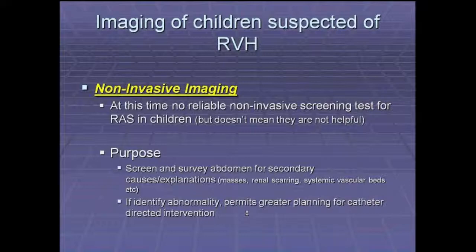The purpose of the non-invasive imaging test is to screen and survey the abdomen for other potential secondary causes or explanations, such as abdominal masses or renal masses, renal scarring, or other systemic vascular bed abnormalities. If you find those, then we have an explanation for the child's underlying hypertension. If we identify an abnormality of the renal arteries, great. It permits us greater planning for catheter-directed intervention.